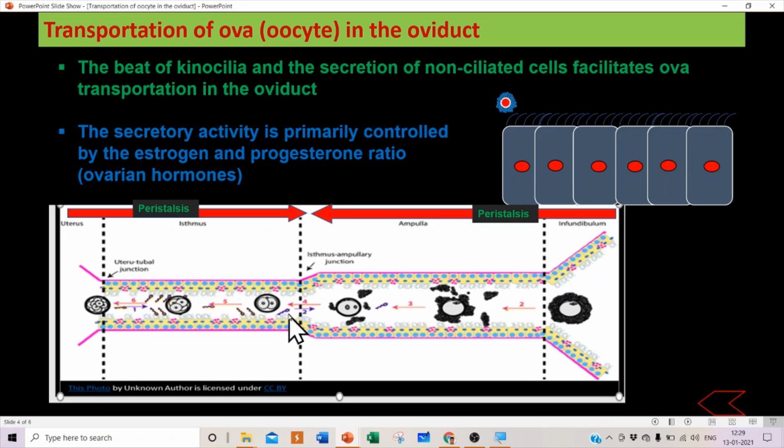Fertilization takes place at the isthmus ampullary junction, or sometimes we say in the ampulla. Sperms are transported from the uterotubal junction and oocytes from the infundibulum toward the isthmus ampullary junction.